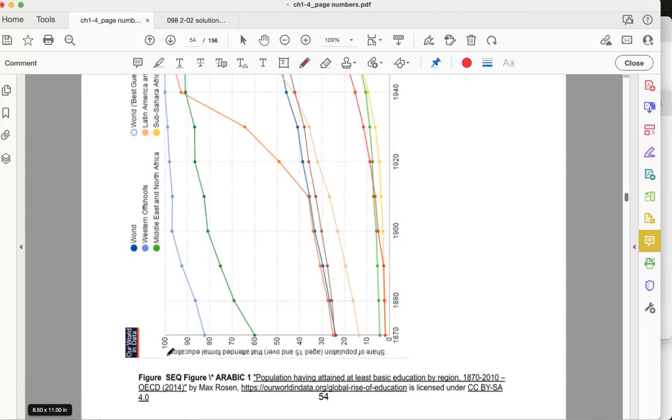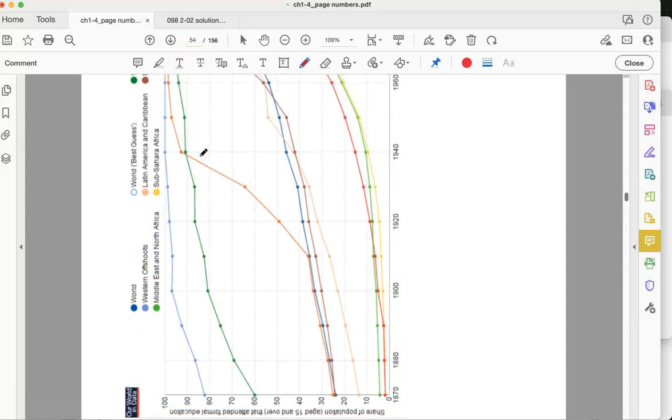So share of population, it's a little vague, but that really just means percentage. You can see that it goes from 0 to 100. So the percentage of people who attended school, basically. That is the label for the vertical axis.